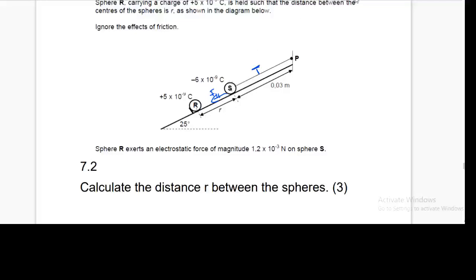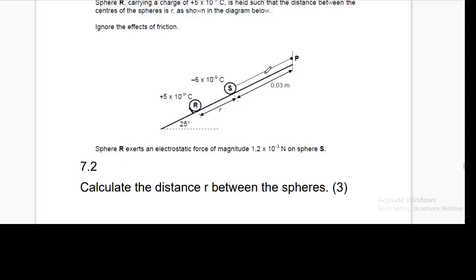Very interesting stuff. Notice that even in electrostatics we can include tension and gravitational force, because at the end of the day they are forces.